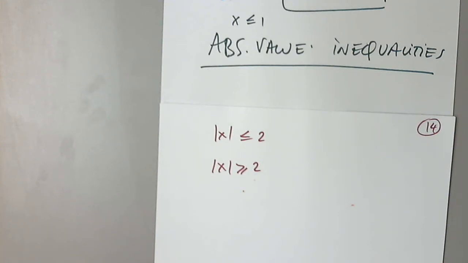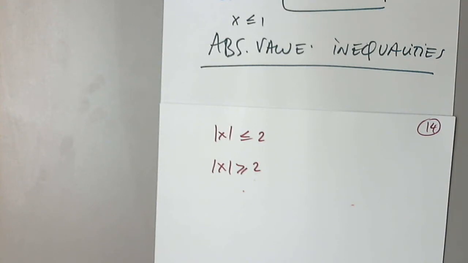The first inequality says this. Find x values whose distance from 0 is less than or equal to 2 units. The other one says, find x values whose distance from 0 is 2 units or more.